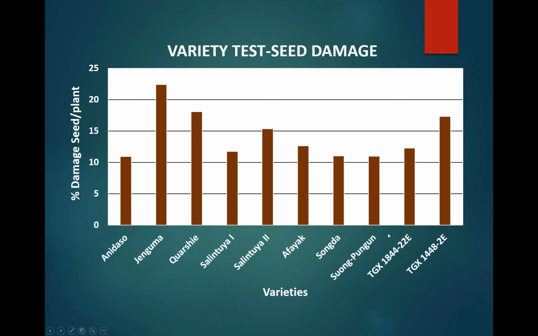And this is what I got from the field damage. Janguma came up in the varietal trial with around 22% damage per plant, and the lowest coming from Songa, somewhere around 11% per plant.